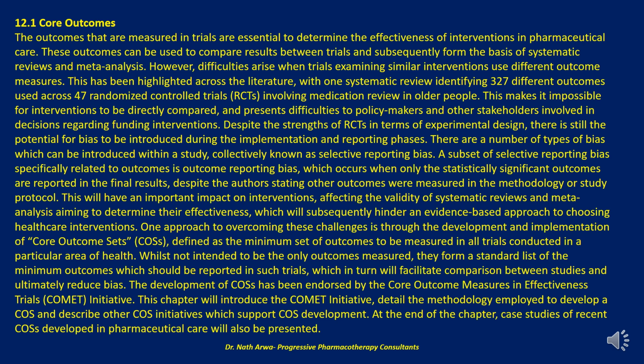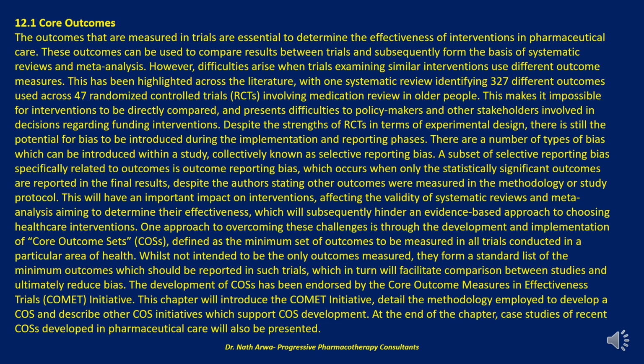This will have an important impact on interventions, affecting the validity of systematic reviews and meta-analysis aiming to determine their effectiveness, which will subsequently hinder an evidence-based approach to choosing healthcare interventions.